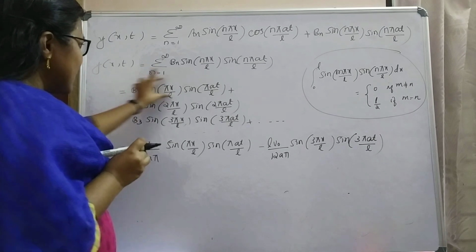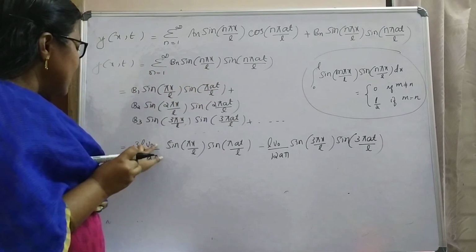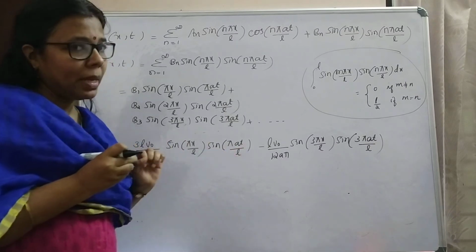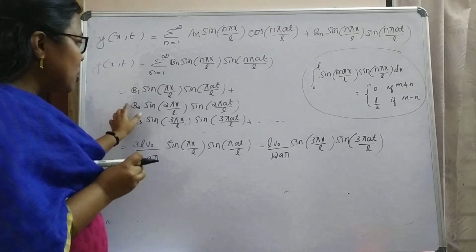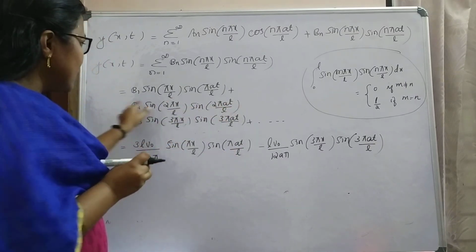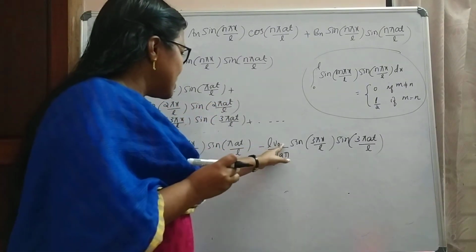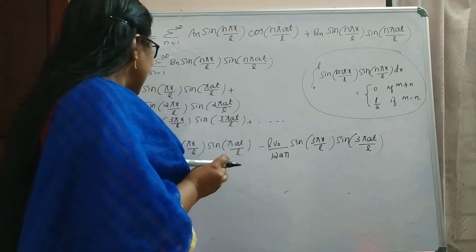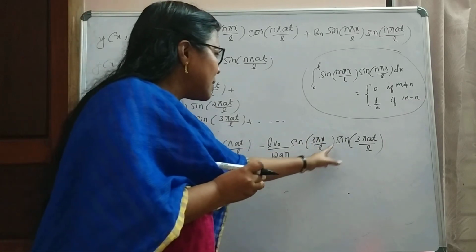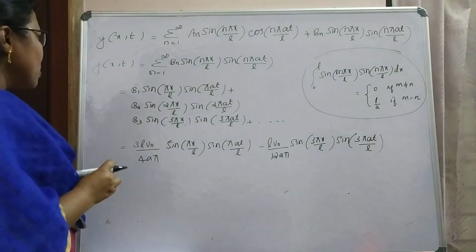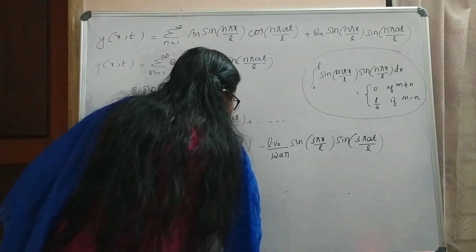Therefore this term will be 3Lv0 by 4aπ sin(πx/L) sin(πat/L). Now value for b2 equal to 0. Therefore this term will be cancelled. Then b3 is minus Lv0 by 12aπ, then sin(3πx/L) sin(3πat/L). All other values are 0. Therefore the solution will be like this.